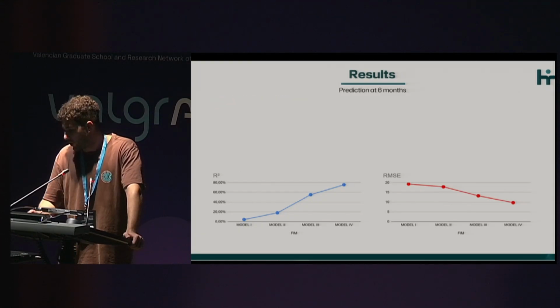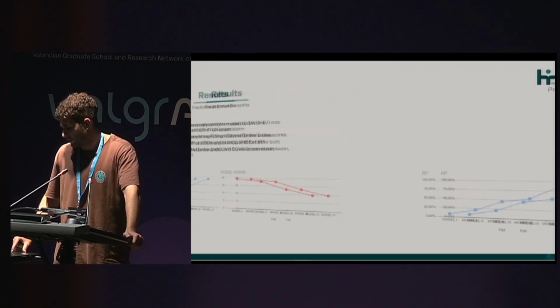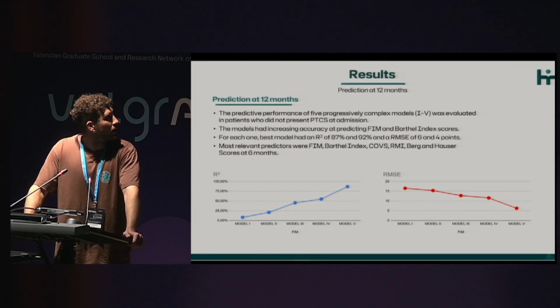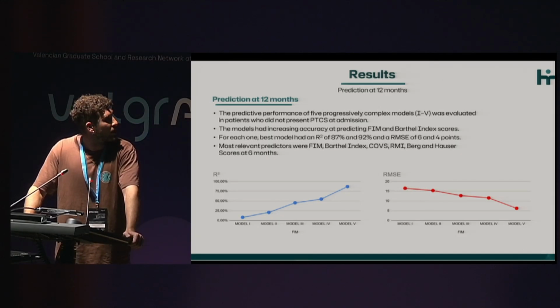So for 12 months, now we could train the 5th model. That's the most complex one, the one that has more variables, more predictors.